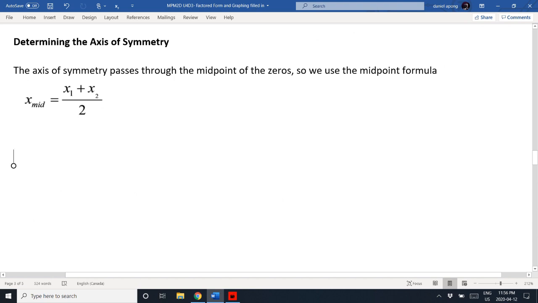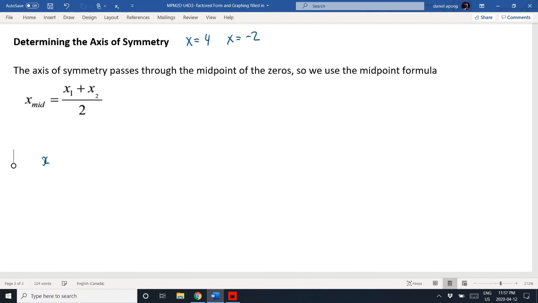So now that we have our zeros, aka our x-intercepts, we can solve for our axis of symmetry. Let me rewrite those down here. So we have x is equal to 4, that's one of our intercepts, and x is equal to negative 2. The axis of symmetry passes through the midpoint of the zeros, so we use the midpoint formula. So we're going to plug those x-intercept values into this midpoint formula.